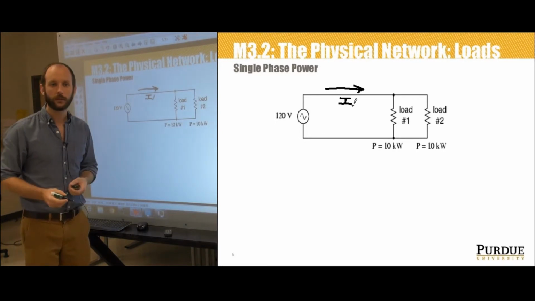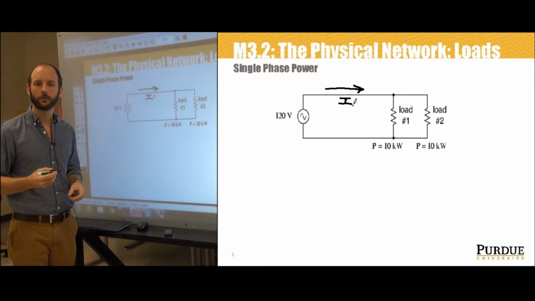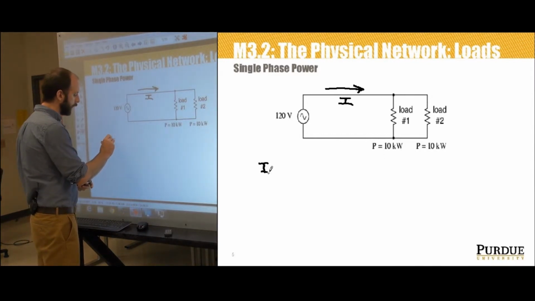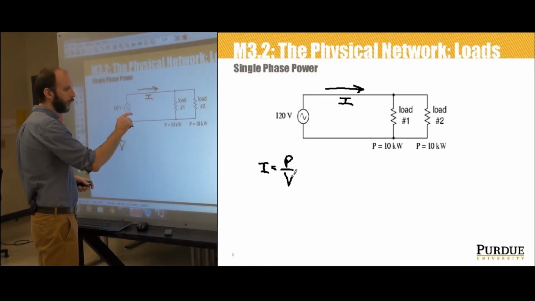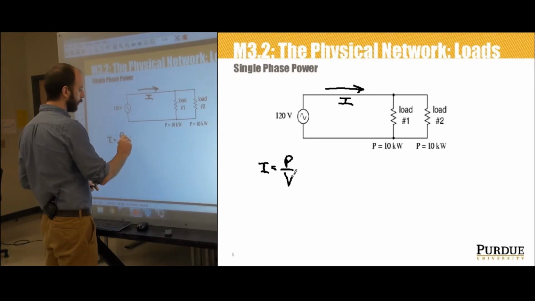We can do a really easy calculation, right? P equals IV. Power is the product of the voltage and the current. So we can solve for current just by saying I is equal to the power divided by the voltage. Since these loads are in parallel, they both draw 120 volts and they both are 10 kilowatts.